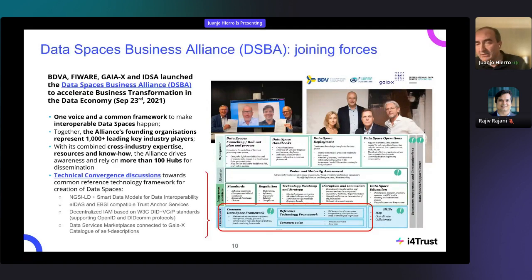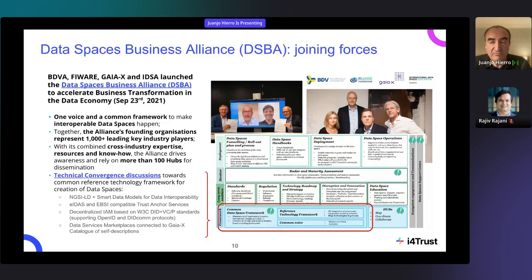We are providing the first framework that already aligns with first results of the Dataspace Business Alliance technology convergence work. And what is the Dataspace Business Alliance?